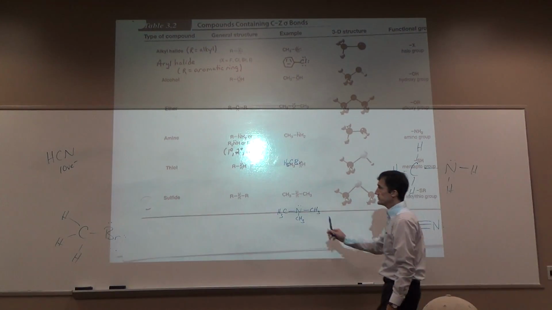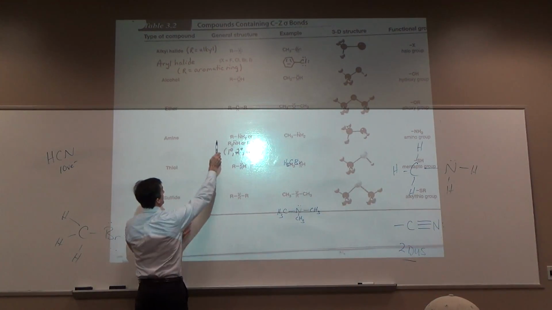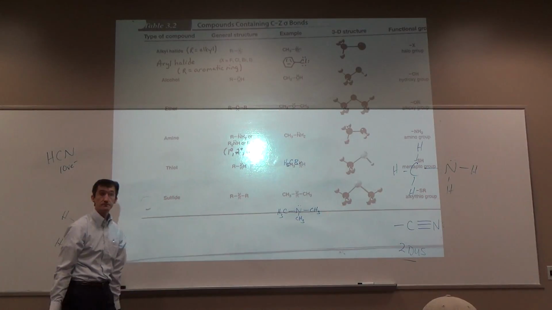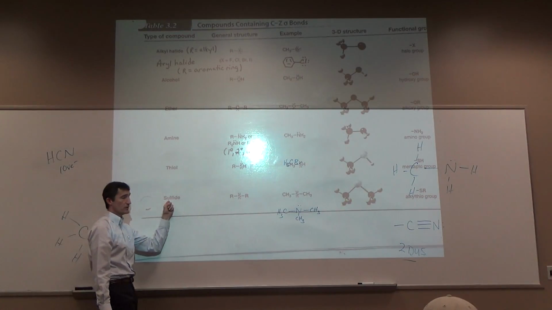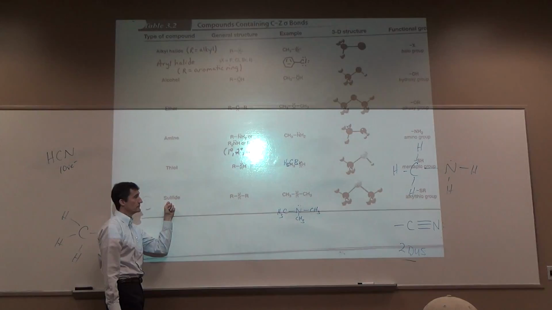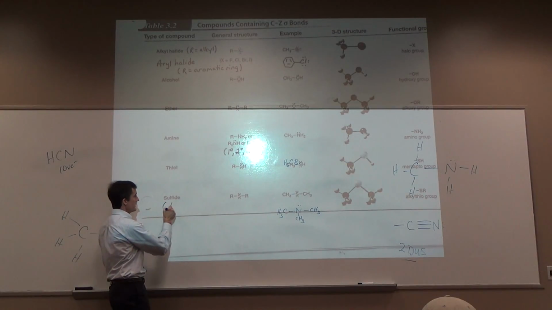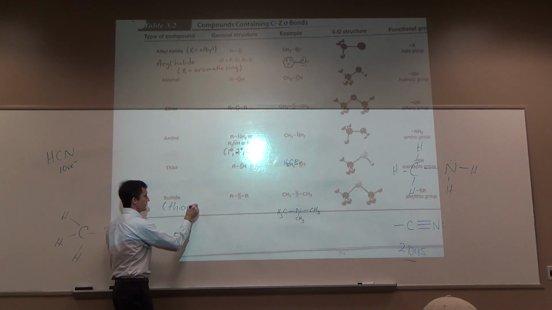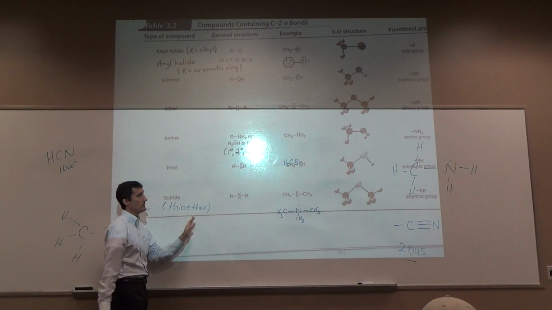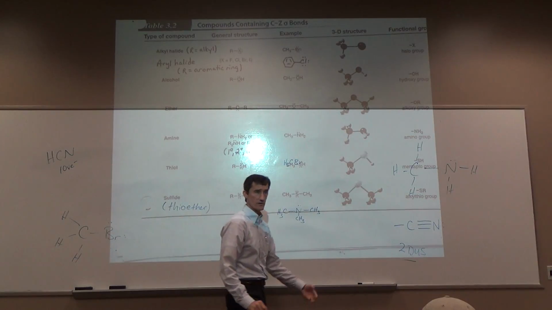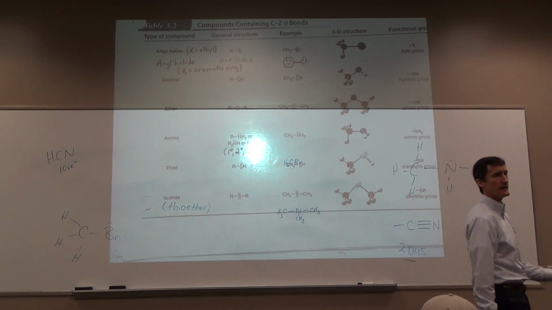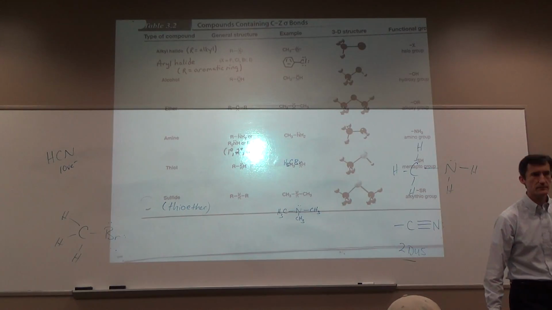If you have a sulfur with 2 R groups, that's analogous to the ether, right? That's called a sulfide. Sometimes you may hear it called a thioether, because it's analogous to the ether, but it's the sulfur. It's sort of scientific for sulfur is thio.